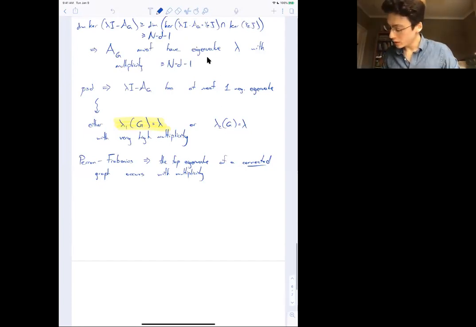So if we want lambda to be the top eigenvalue and occur with high multiplicity, then our graph needs to have a lot of connected components.